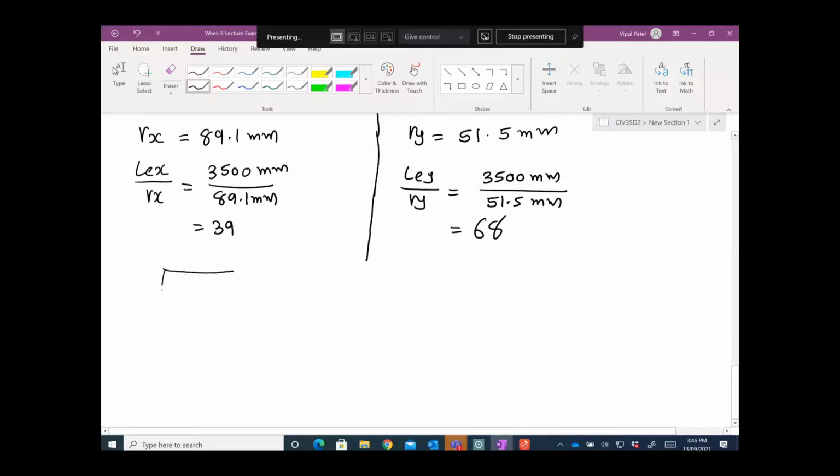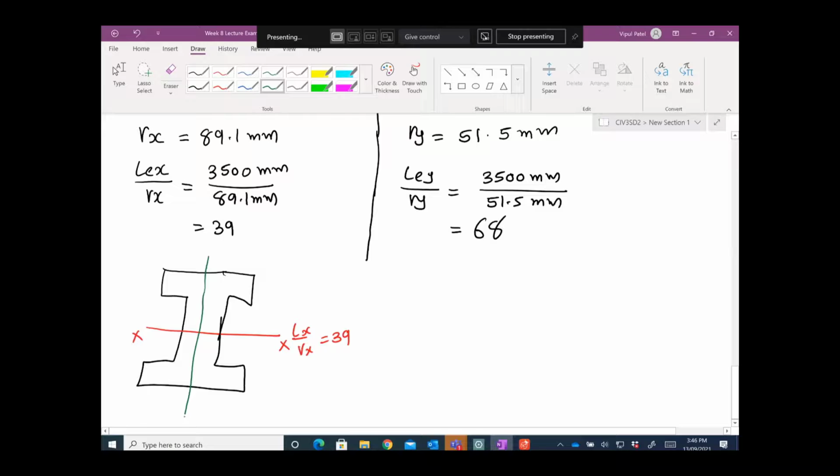So if I draw the column, sorry about my art, about the x-axis Lx over rx is 39, and about the y-axis Ly over ry is 68. So which one is the weak axis? If I load it here, which side will buckle first?